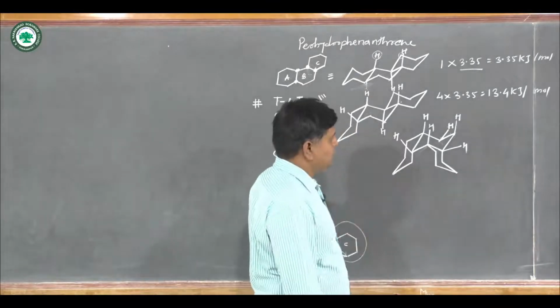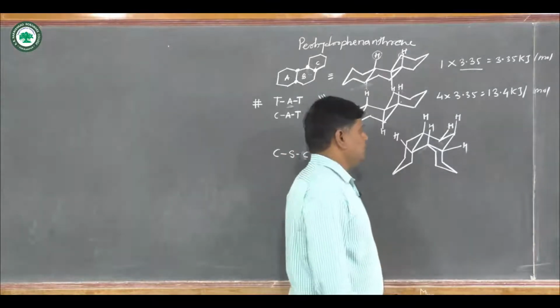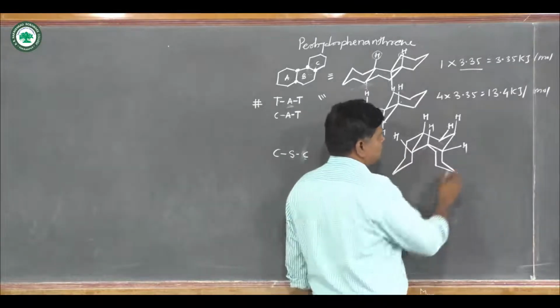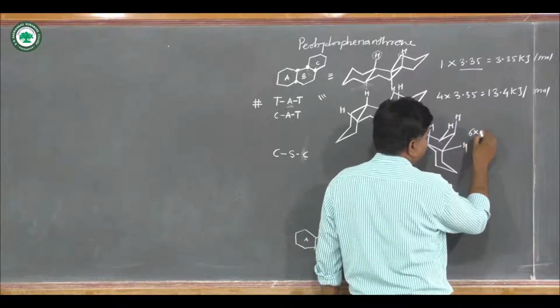So in total six butane-gauche interactions, because both A and C rings are cis to ring B, and so a huge amount of energy is seen.